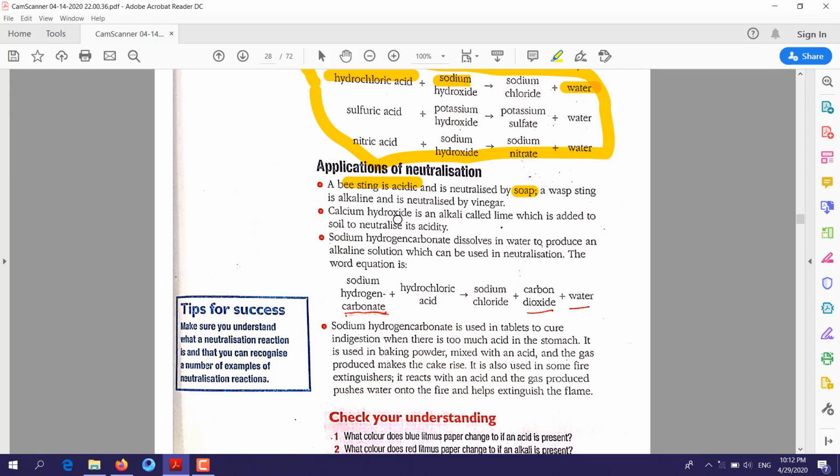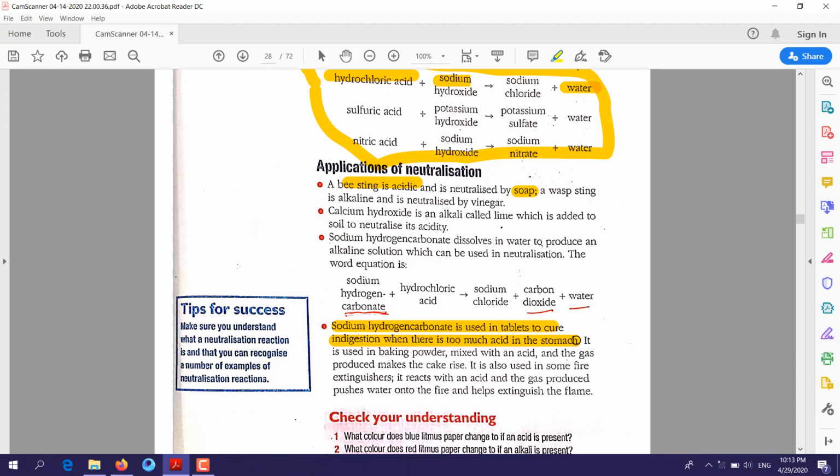Another example. Here we have this example. Sodium hydrogen carbonate is used in tablets to cure indigestion when there is too much acid in the stomach. In this case, I think it happens to everyone of us. Sometimes when you eat too much food, or you eat too many different types of food, then what will happen?